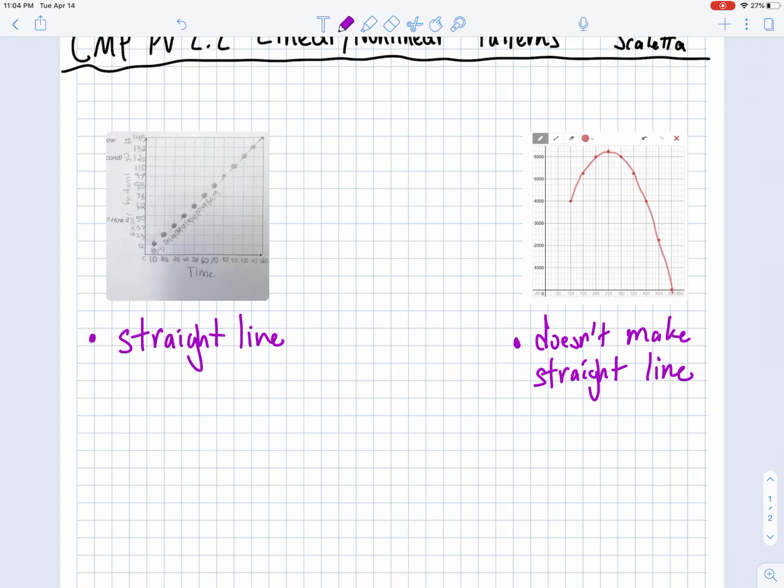You might also notice that in this one, it goes up by the same each time, where this one it doesn't, right? Because sometimes it goes up, sometimes it goes down. So maybe I could say that the pattern stays the same the whole time.